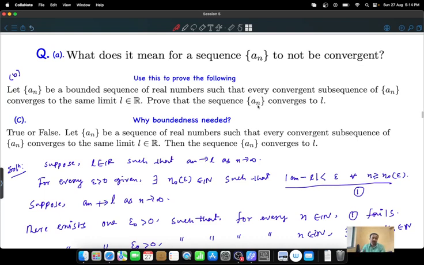There are certain things to notice here. First of all, the sequence is bounded. Second, it says that every convergent subsequence converges to the same limit, not to a different limit. It does not say every subsequence, it says only the convergent subsequences.